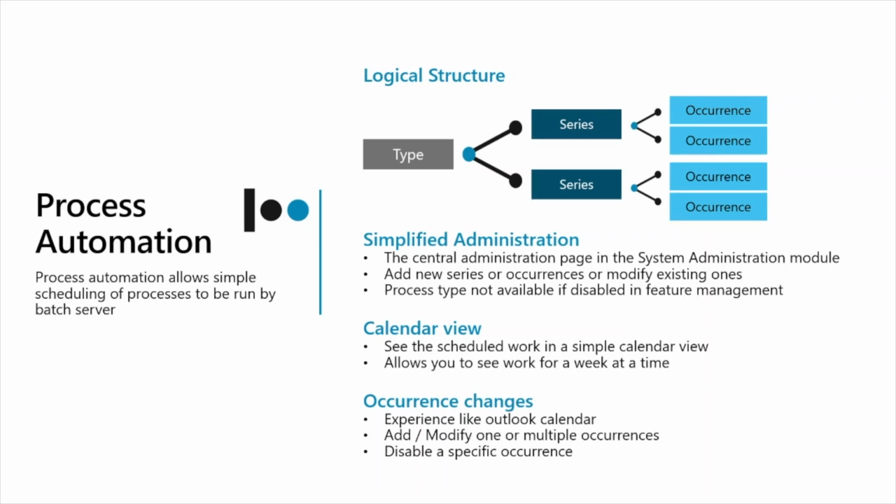We have a central administration pane for you in the system administration module. So you are able to see the process automation. You can select specific types, and those types are processes we support right now. One process is, for example, the collection process. One process is, for example, the vendor payment proposal. If you would like to use the collection process, you need to go and enable the feature. So the types are hidden behind a feature flag, which you need to enable in the feature management.